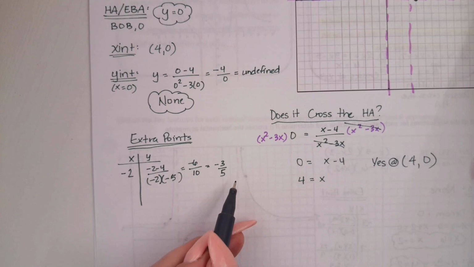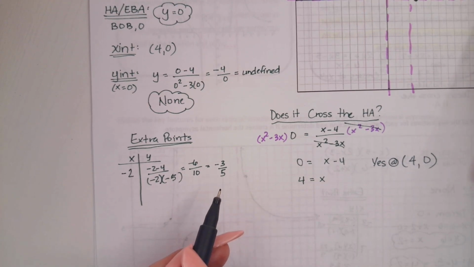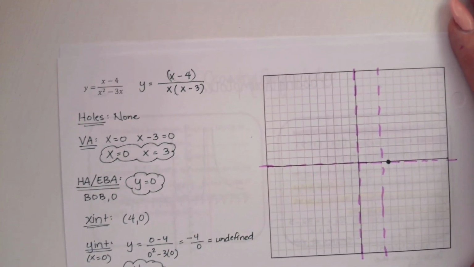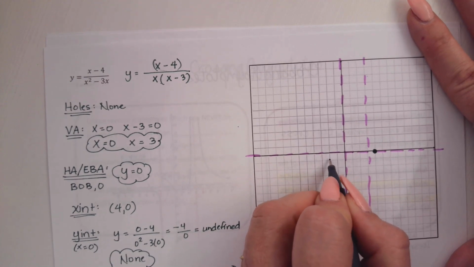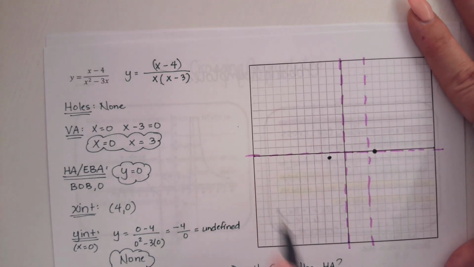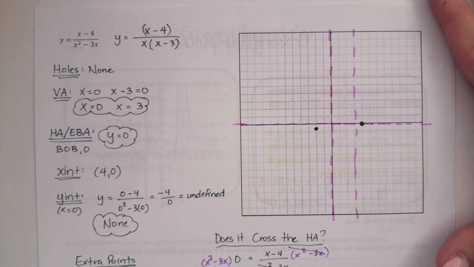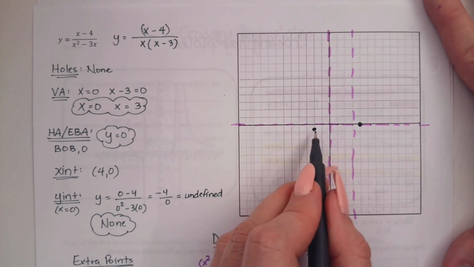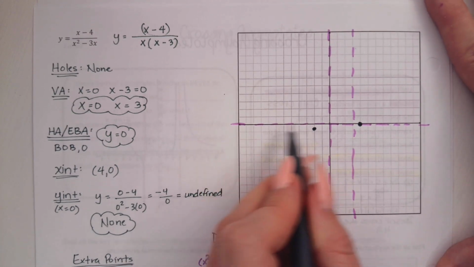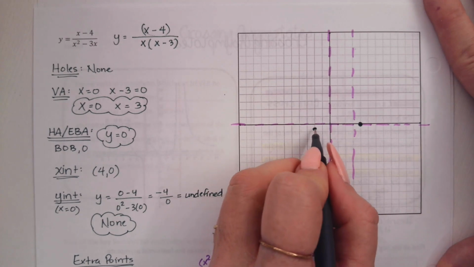Is that what y'all got? Okay, thank you. Negative 2, negative 3/5 is like down 0.6. Do I have enough information to graph this branch? Yes, because I know it's not going to cross the HA anywhere else, or we would have found it. So I know this branch is going to be down here in quadrant 3.